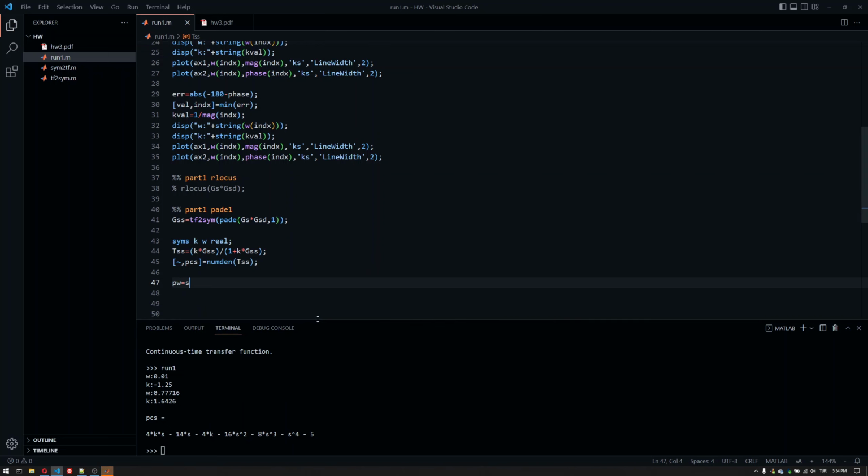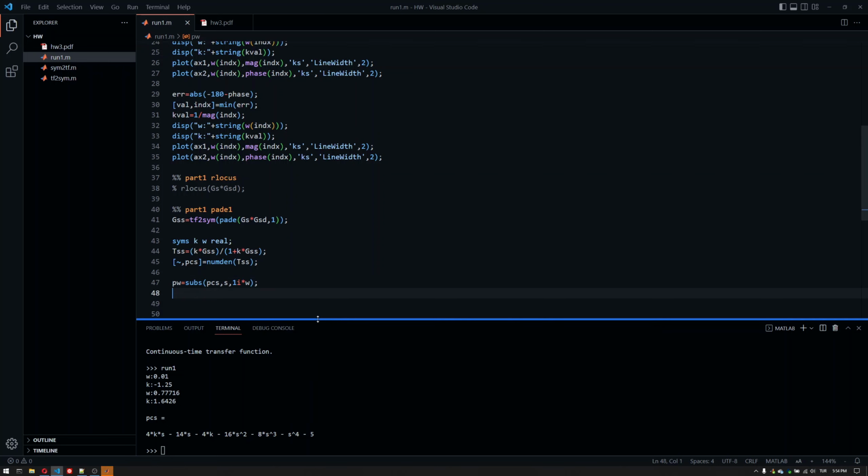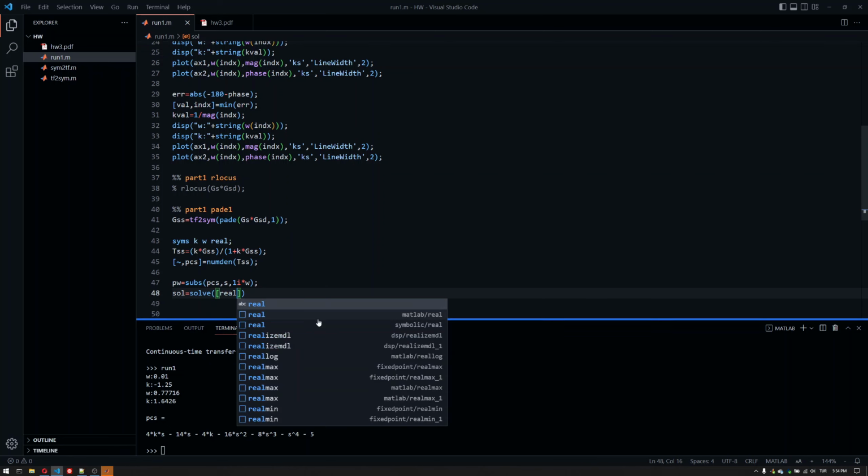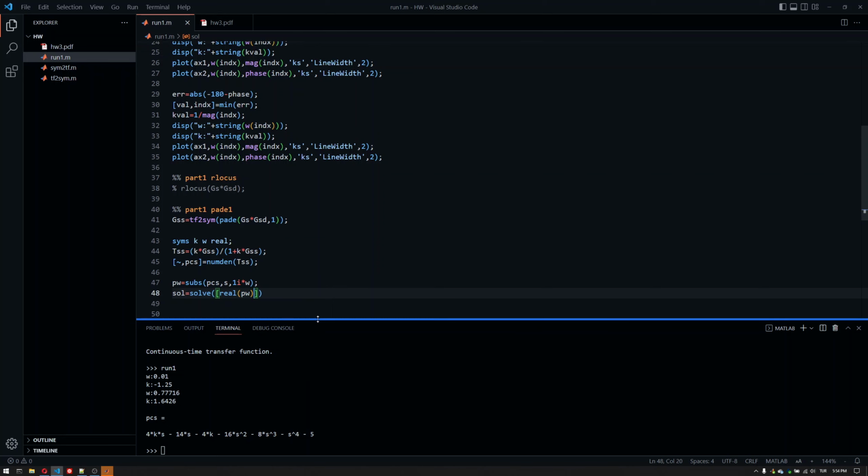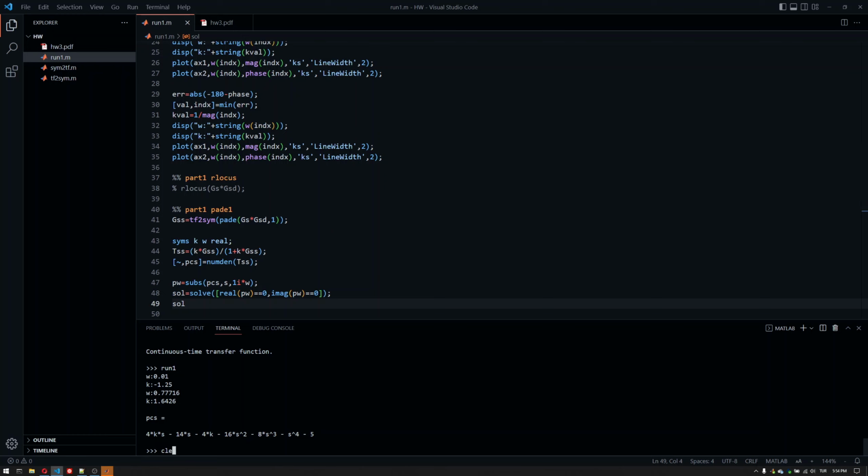I can get subs PCS instead of S 1i times omega, and then solve for the real part of P omega should be equal to 0, and the imaginary part of P omega should also be equal to 0. Let's see. Now you can see we have 5 different points: sol.omega, sol.k.